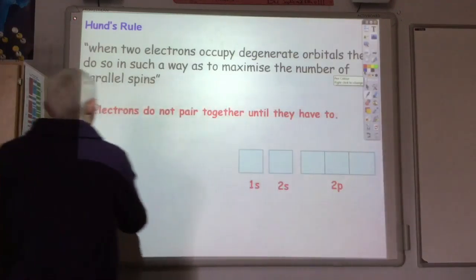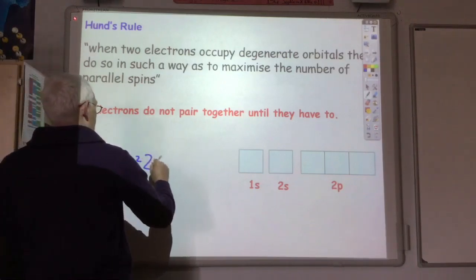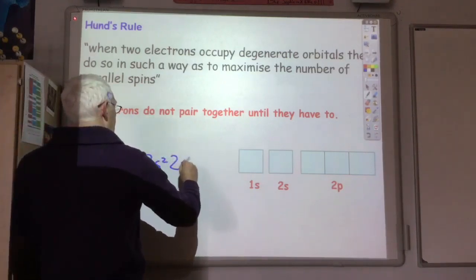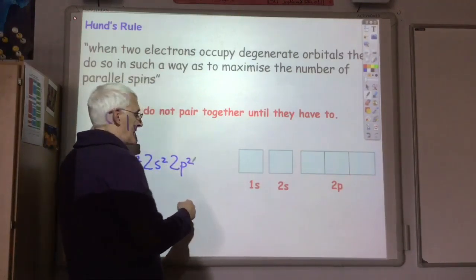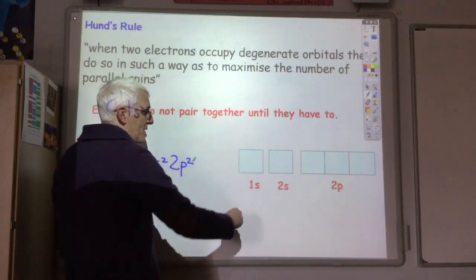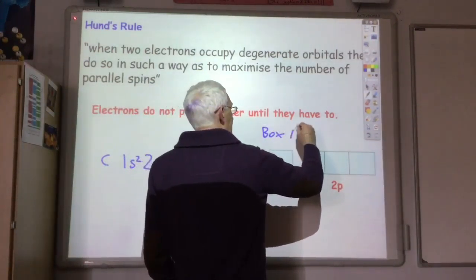Okay, so our carbon atom is 1s2, 2s2, 2p2. So another way of representing that is in this way, which is called box notation. This is box notation.